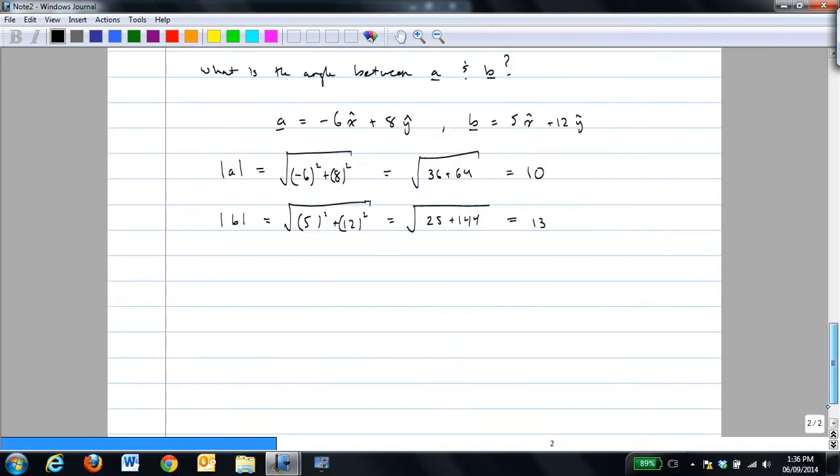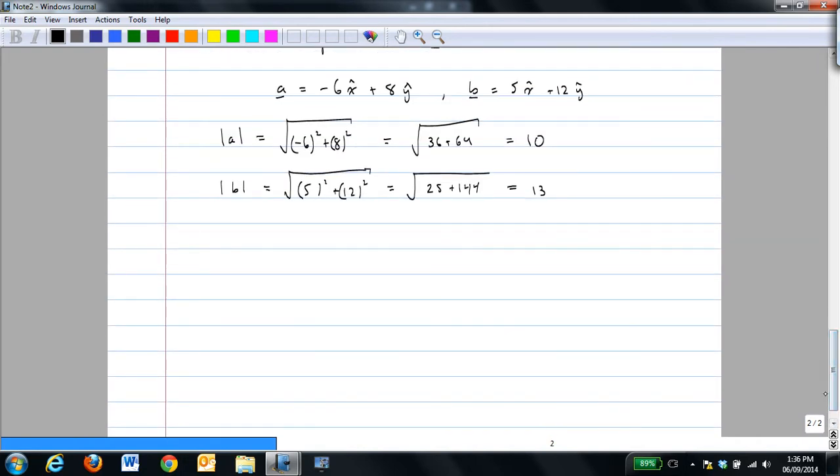Okay, so now that we have the magnitudes of the vectors, we want to find the dot product between the vectors. All this is, we take the x component of our A vector, multiply it by the x component of our B vector, and we do the same for the y's, and then we add them together to get a scalar.